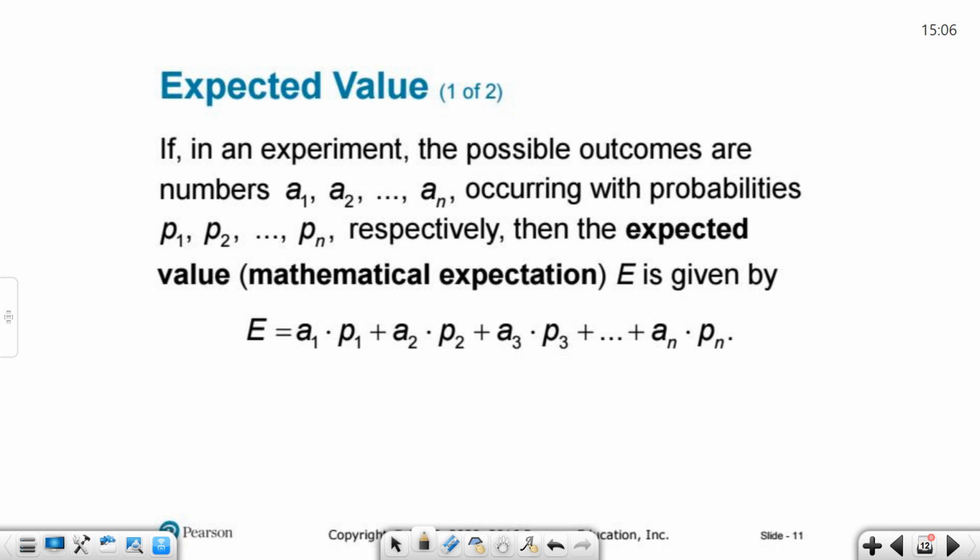The way that you find the expected value is you count up all the different ways that this event could occur, and you multiply each by its probability. So we would say the value of winning first place times its probability, plus the value of winning second place times its probability, plus the value of winning third place times its probability. And you make a total sum there.